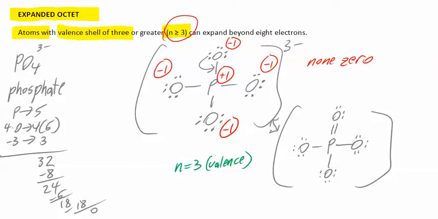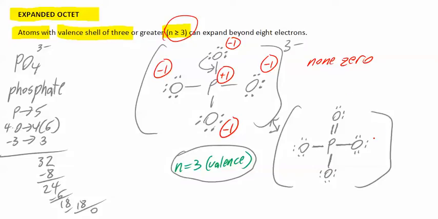And now that this double bond has happened, the phosphorus has more than 8. It has 2, 4, 6, 8, 10. But it can do that because it's in the third valence shell, and anything in the third or beyond can do that.